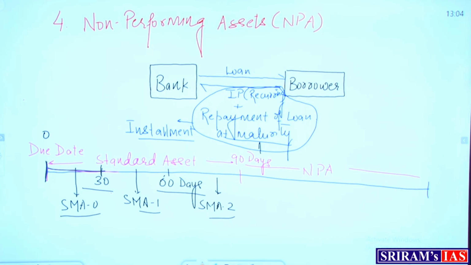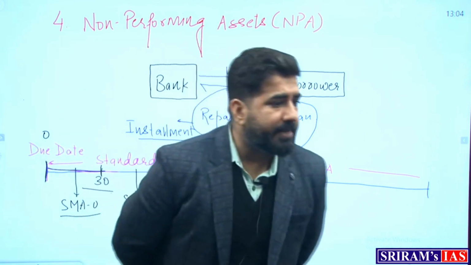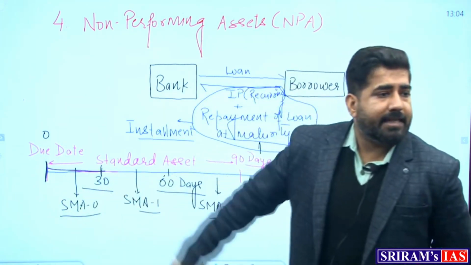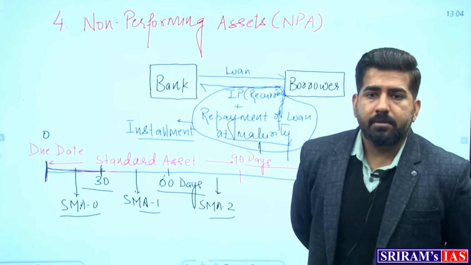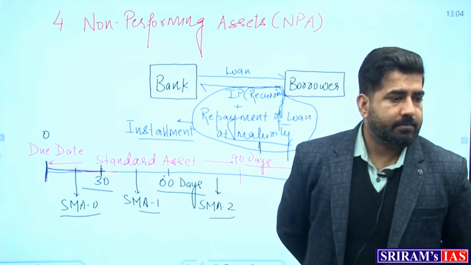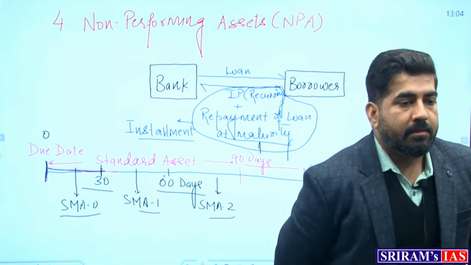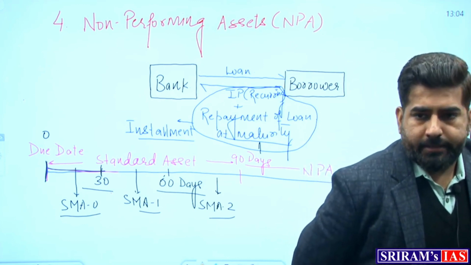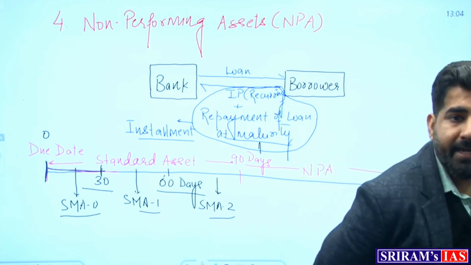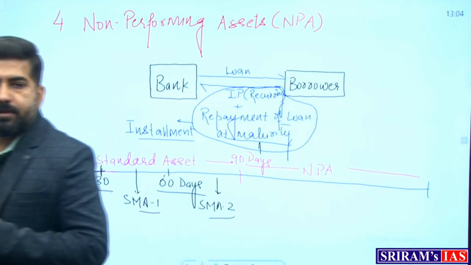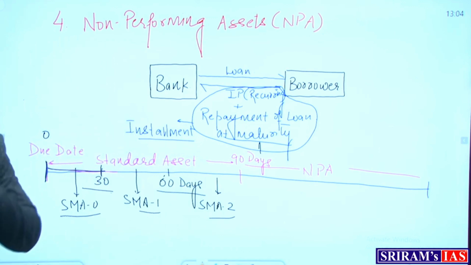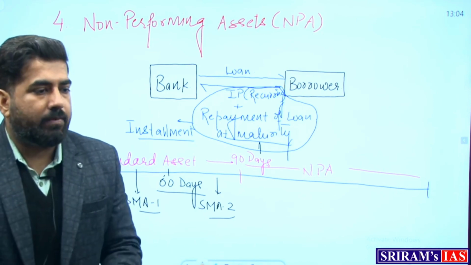So the next question automatically comes, then what is the purpose being served by classifying an account as SMA? What is the purpose it will serve? Tell me. Yes, that is one. See, the very important point is, if we know that certain accounts have become overdue, this will give an idea in the earlier stages itself that it is likely to convert into NPA, and thereby we have to take measures right now.